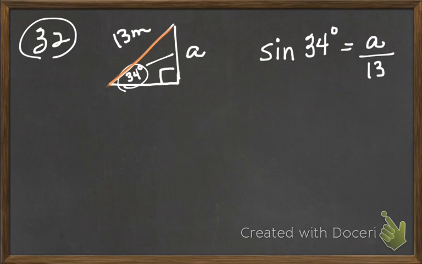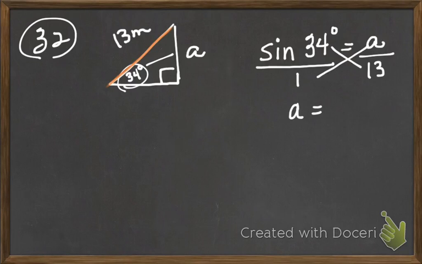So we're going to set up an equation involving sine. I can't use cosine because I don't know the adjacent leg, and I can't even use the Pythagorean theorem to find that because there's not enough information. This is where you take sine of 34 and put it over 1, and you have a nice little proportion, and you'll just cross multiply here. So you'll do 1 times A is A. You'll make sure that your calculator is in degrees. And you'll do sine of 34 degrees, close parentheses, times 13.